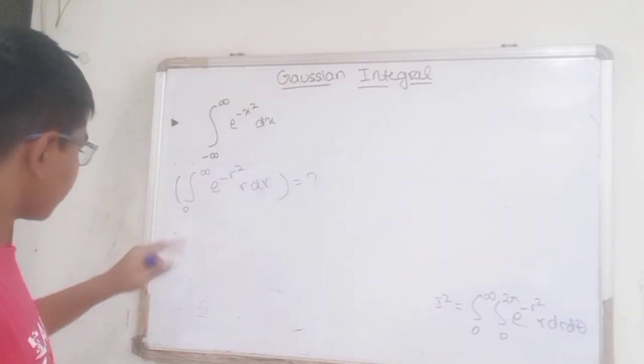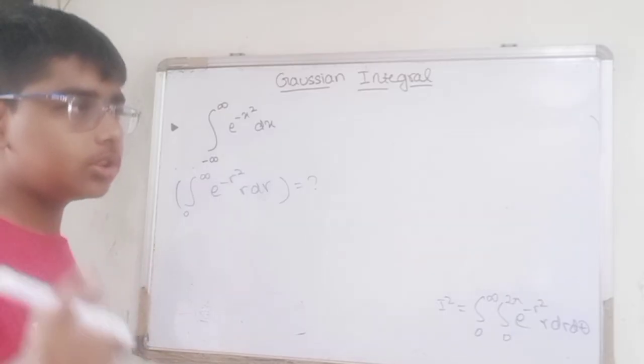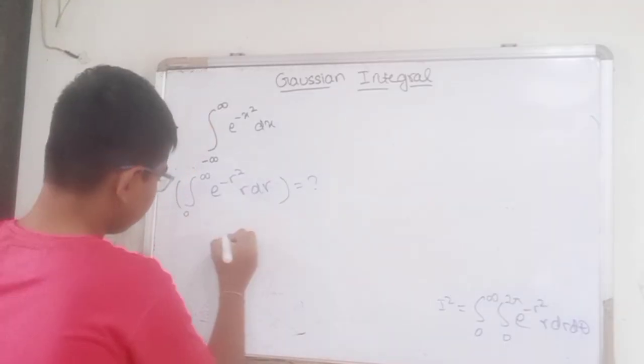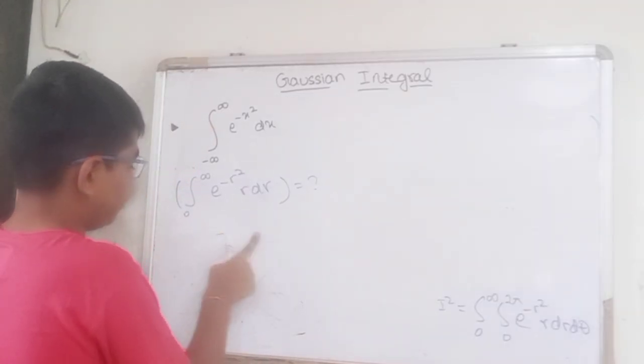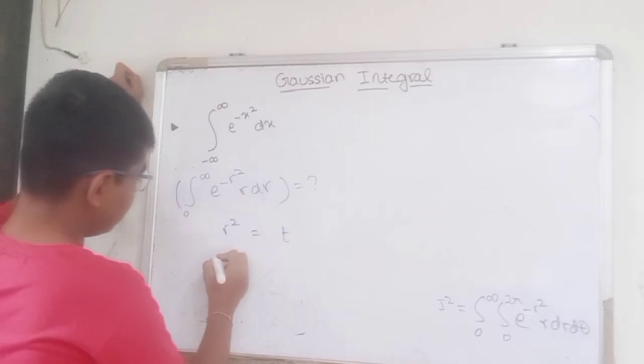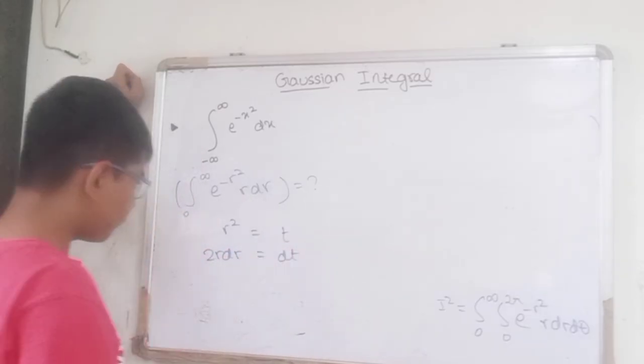Now what we'll do? We'll use minus r square. We use the substitution method, where we say here r square is equals to t. Differentiate both sides, we get 2r dr is equals to dt. Let us put it now.